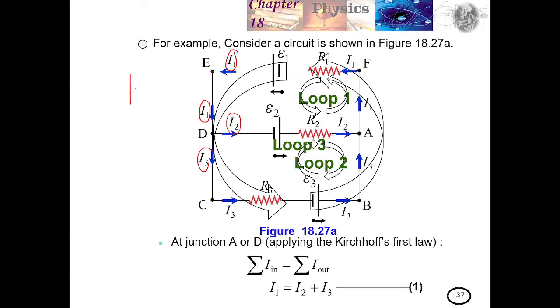Remember, I1 goes to I2 and I3 at this junction. So logically, as I said, by Kirchhoff's law, I2 plus I3 equals I1. If I draw it this way, this is going in and these are going out from the junction.